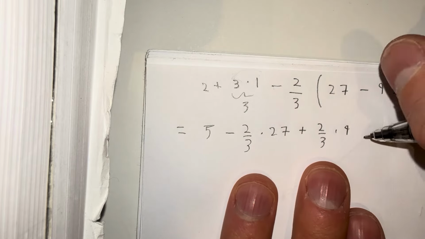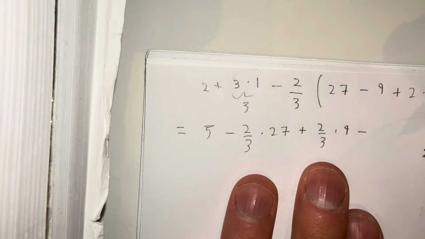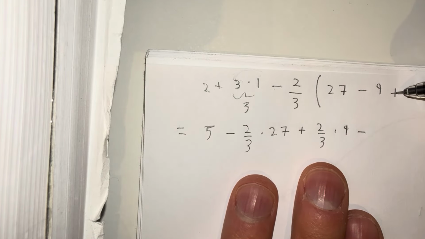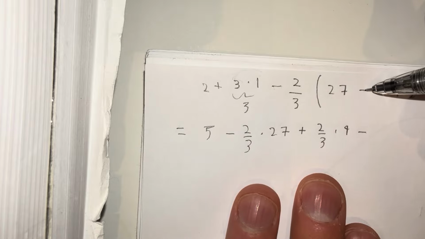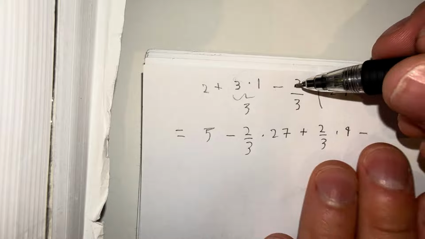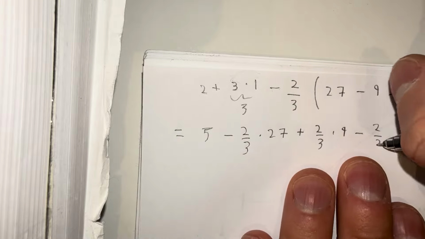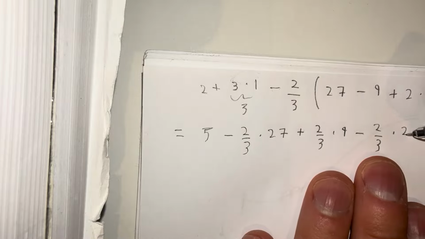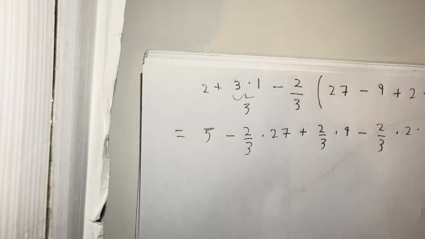Negative 2/3 plus, then we get a negative. This one switches, remember, switches this one to become a negative, switches this one to become positive, and this one to become negative. So 2/3 times 2 times 3.